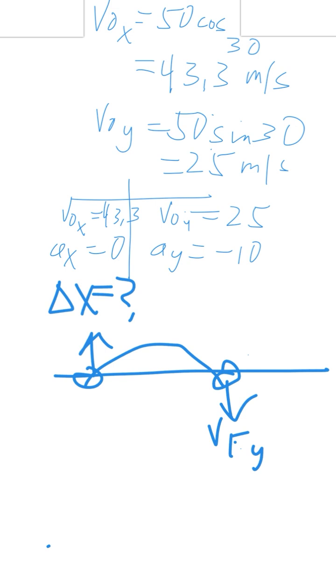So VFY is going to equal negative 25 at the end of the trip, meters per second. Did you get that? Okay, the x stays the same, of course, the x component, but VFY shrinks as it gets to the top to 0, and then it builds up back to what it was at the same level. So VFY is negative 25.